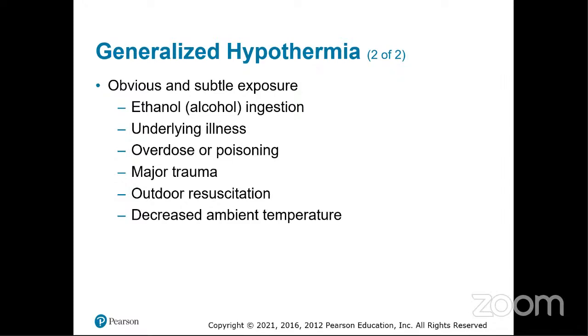Outdoor resuscitations, a lot of the times we can shoot ourselves in the foot. If they're in a cold area and we're trying to resuscitate them, it's not going to do a lot of good if their body temperature is really, really cold. And then decreased ambient temperature, that's your frostbite. Right? It's like out here right now, we definitely have a decreased ambient temperature outside today.